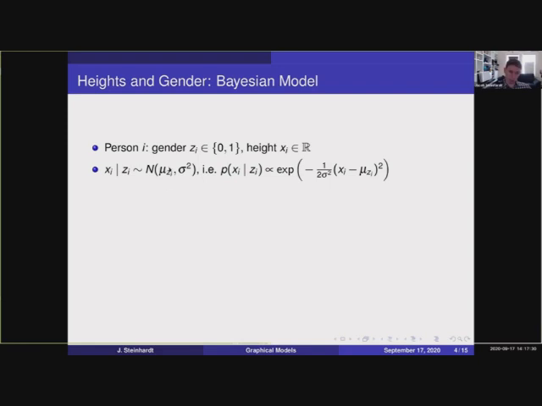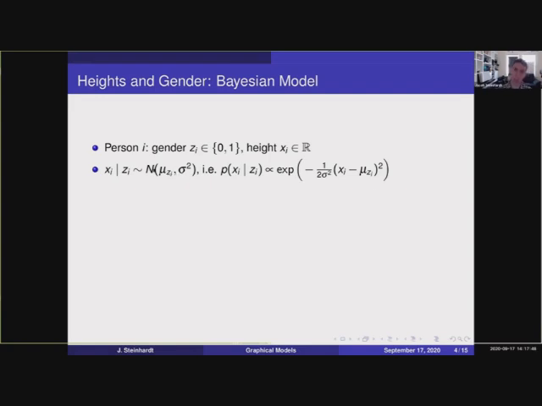So there's going to be a mu_0 and a mu_1 for male and female heights. And for now, let's assume they have the same standard deviation, although in principle they could have different standard deviations. So this is a simple model we could write down.